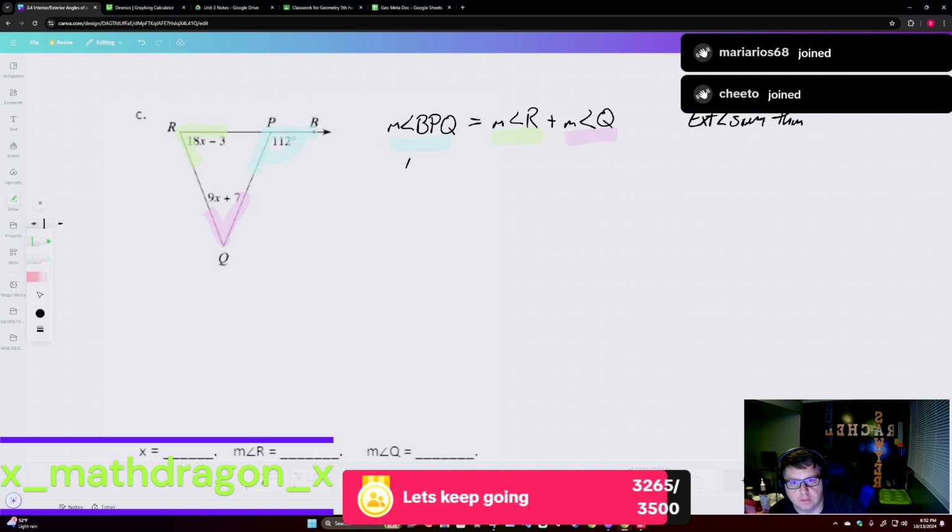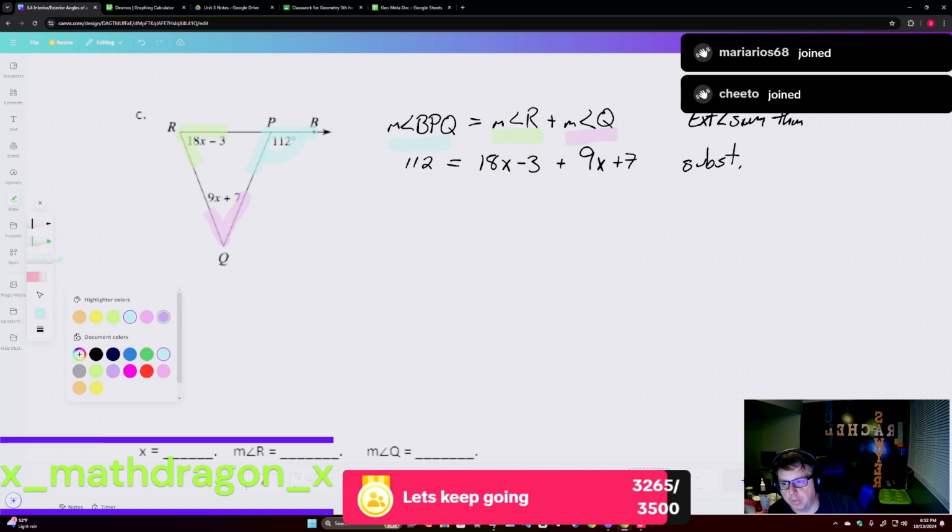Angle BPQ is going to be 112. Angle R is 18x minus 3, plus angle Q, which is 9x plus 7. And that is substitution. Play the combine like terms game.